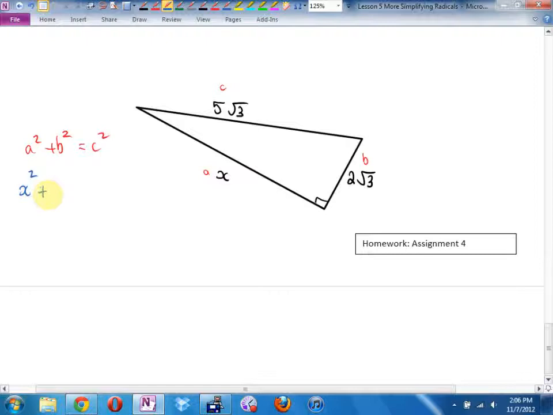How do we say that? Say it like a nerd. 2 root 3 squared. So I'm going to go like this. 2 root 3 squared. I'll come back to that in a second. Equals? What's 5 root 3 all squared?